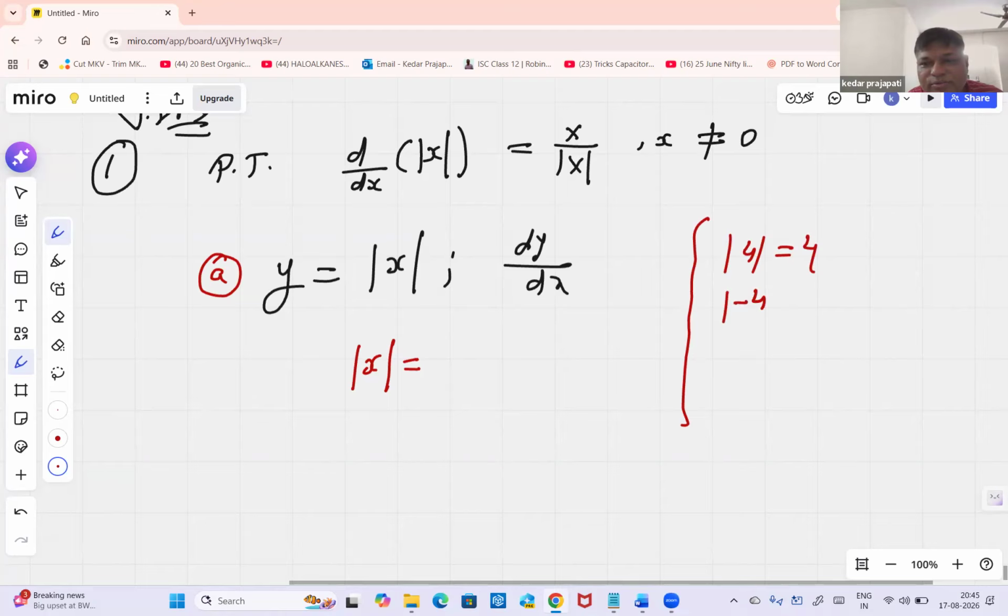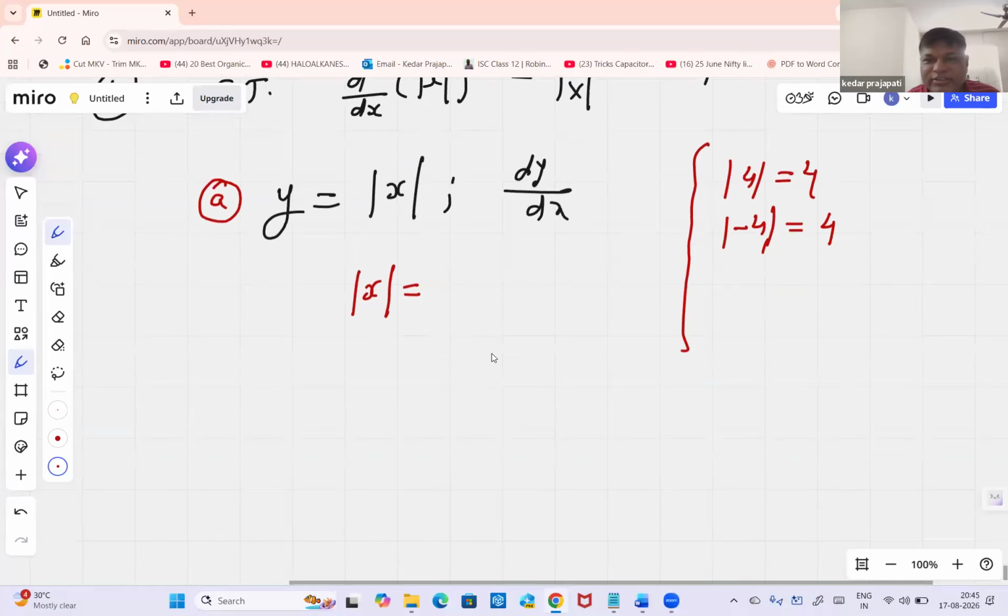And mod minus 4 is also 4, right? This is what we learned. But when we define this mod, the definition of mod says mod can open in two ways, either in negative or in positive.